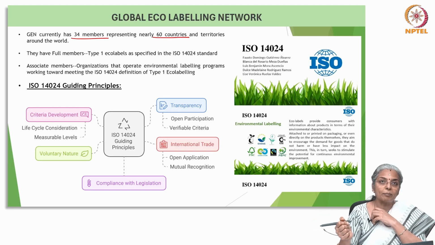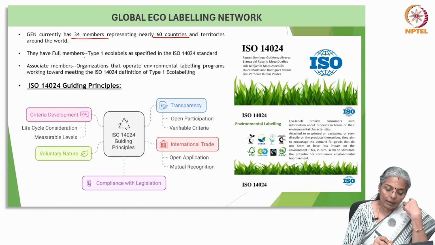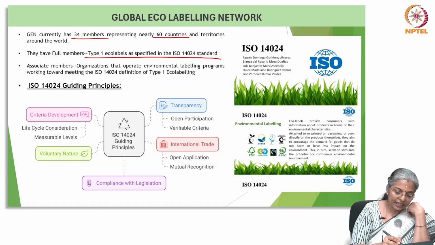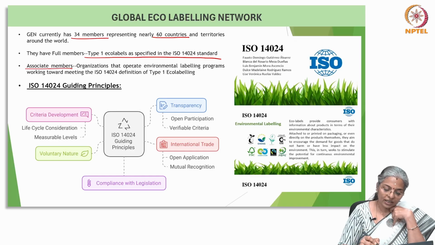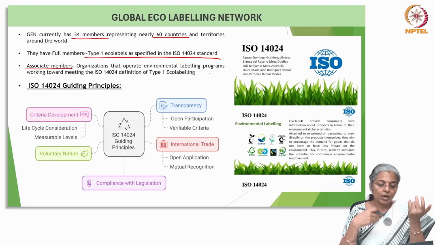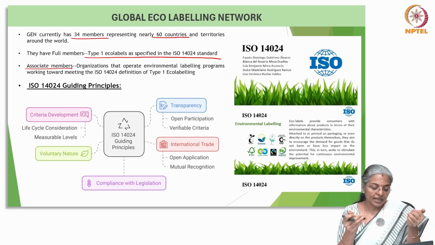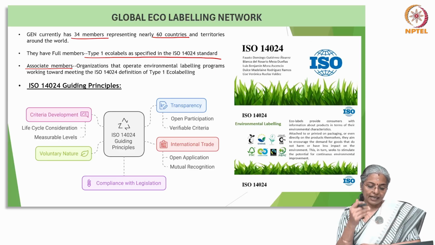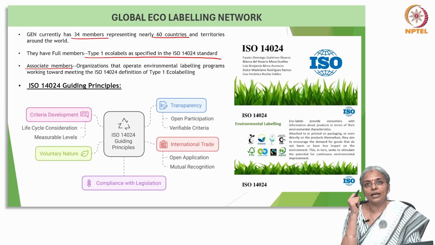They have full members, that is, they have type 1 eco labels as specified in ISO 14024 standards, and they also have associate members, which is nothing but organizations that operate environmental labeling programs which work towards meeting the ISO 14024 definition of type 1 labeling, the eco labeling principle.